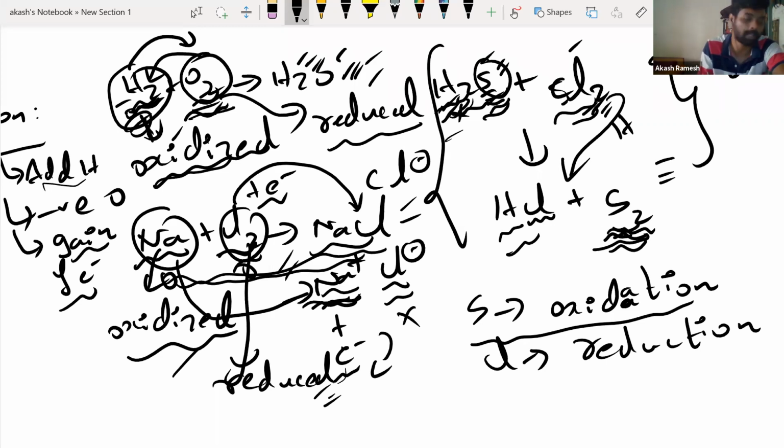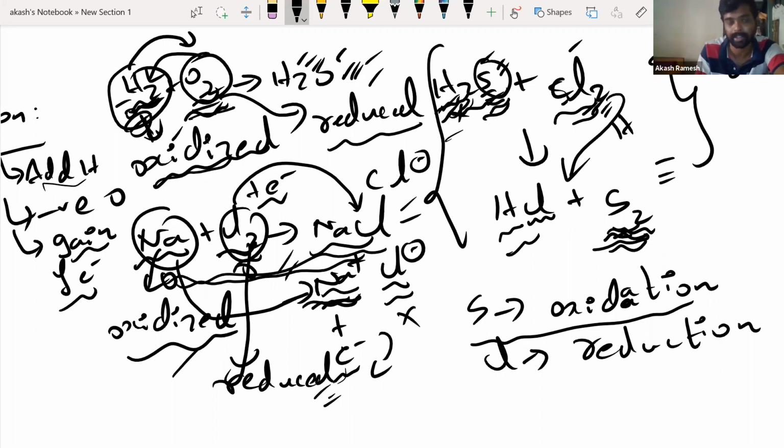So what I'm trying to say is there is no reaction where only oxidation happens, or there is no reaction where only reduction happens. If there is oxidation happening in a reaction, reduction will definitely happen. They will happen only simultaneously. They cannot act separately.